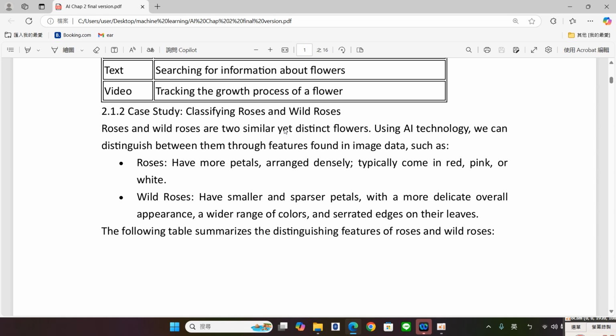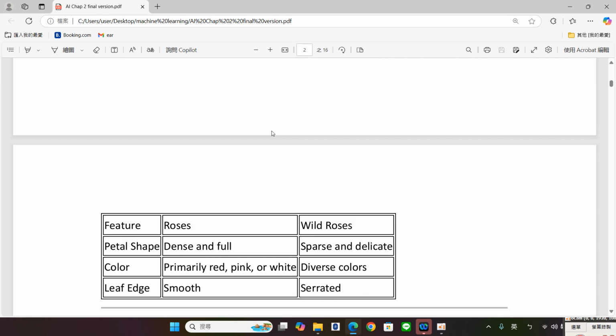Wild roses have smaller and sparser petals with a more delicate overall appearance, a wider range of colors, and serrated edges in their leaves. The following table summarizes the distinguishing features of roses and wild roses.